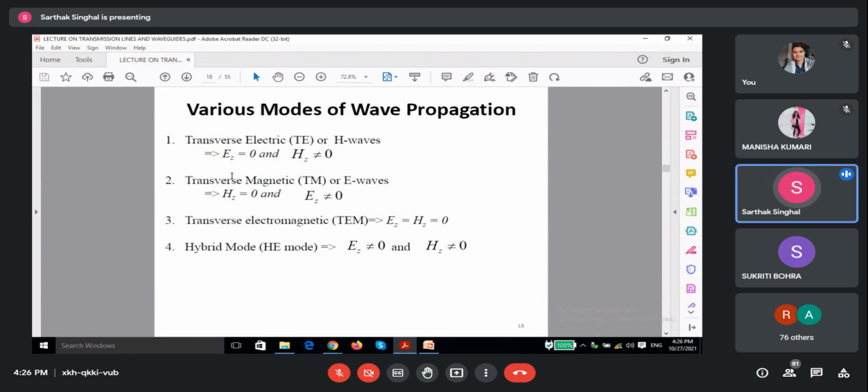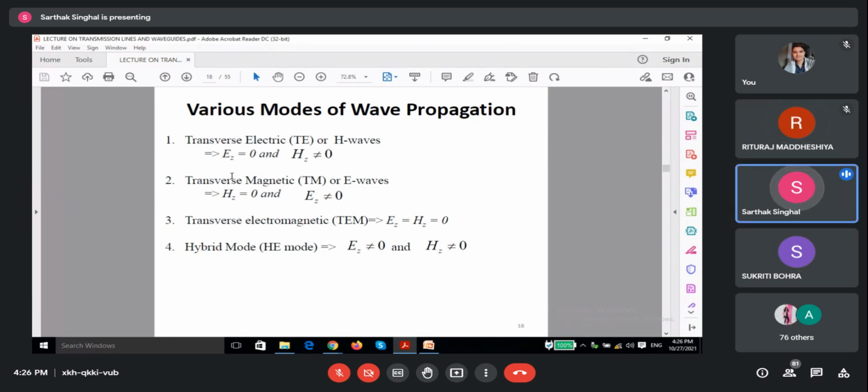And the fourth mode is the hybrid mode, in which the electric and magnetic fields both have their components in the direction of wave propagation. Is it clear?